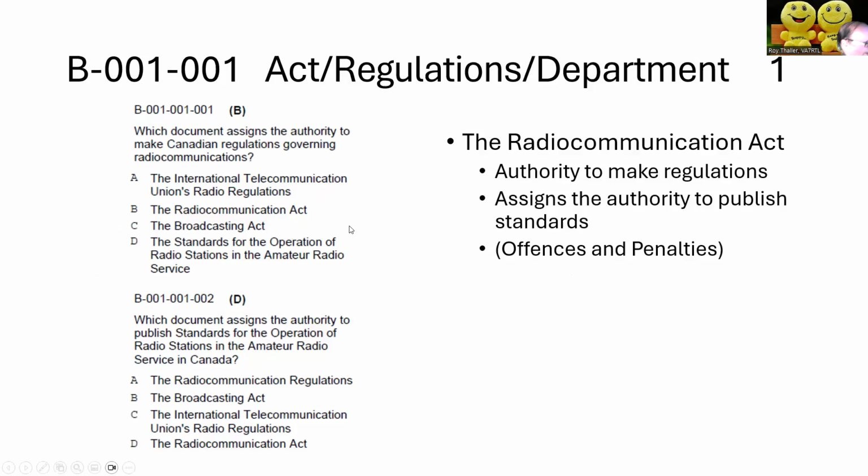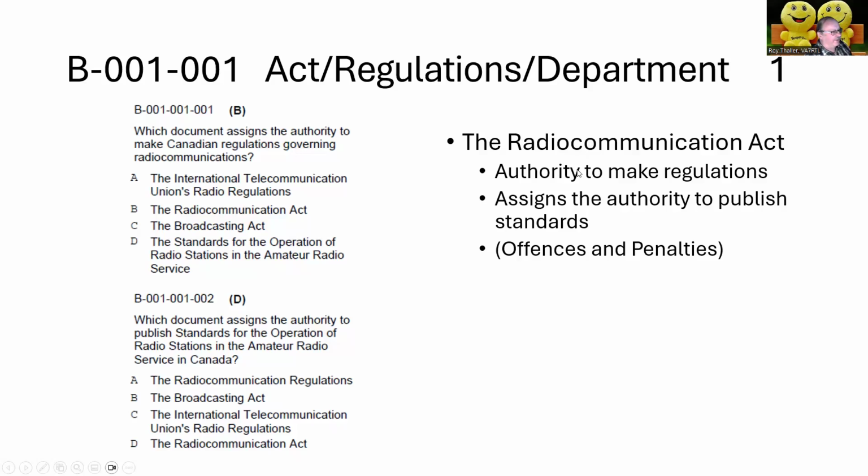The regulations and the Act are sort of a 3-part series. You've got the Act, you've got the regulations, and then you have the guidance document or the standards below. The Radio Communications Act is the high level.